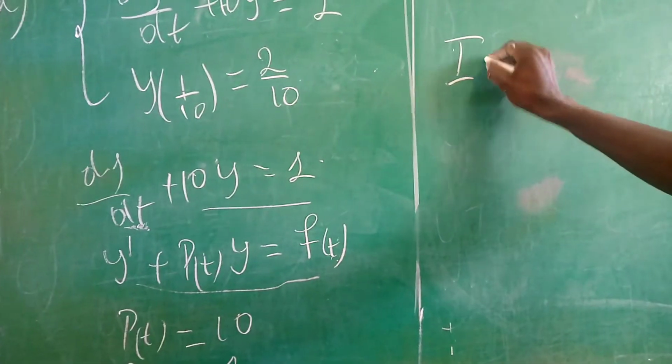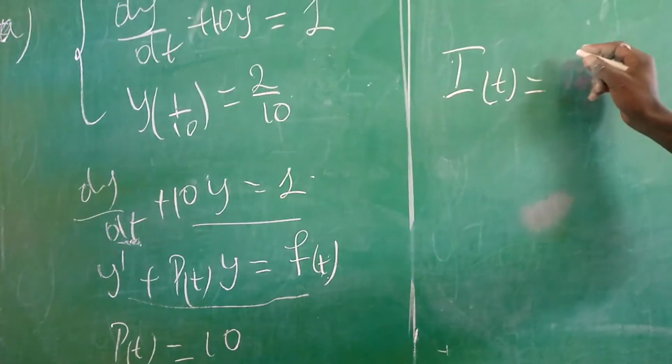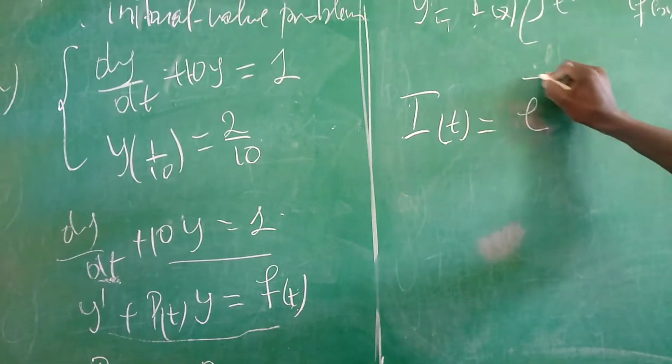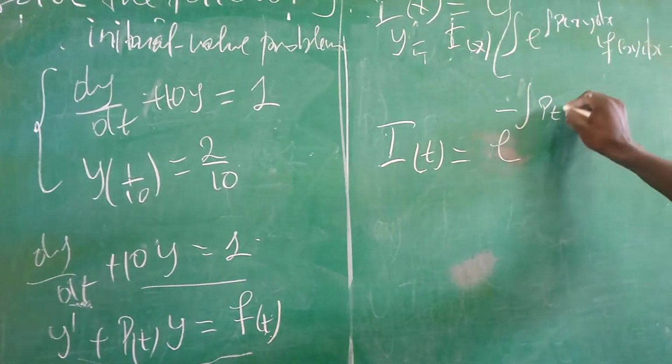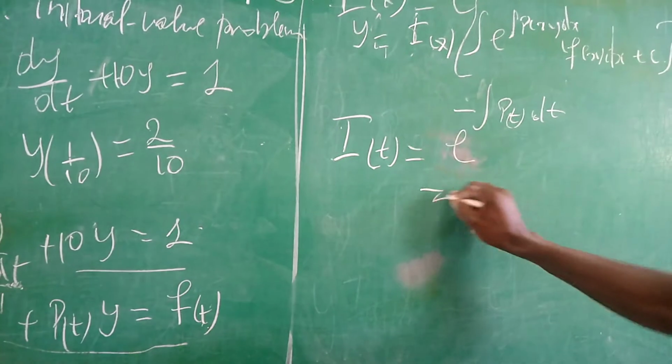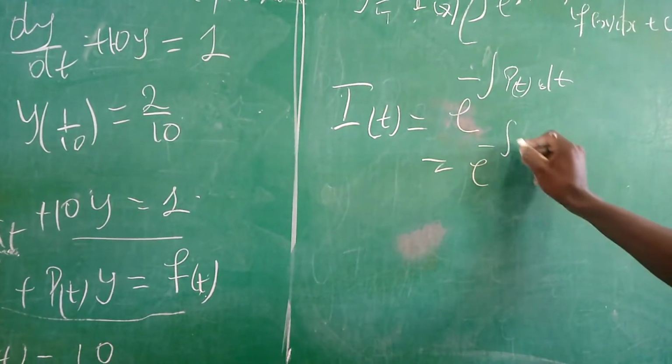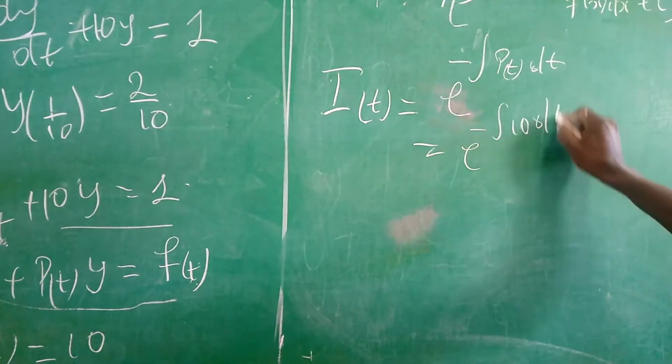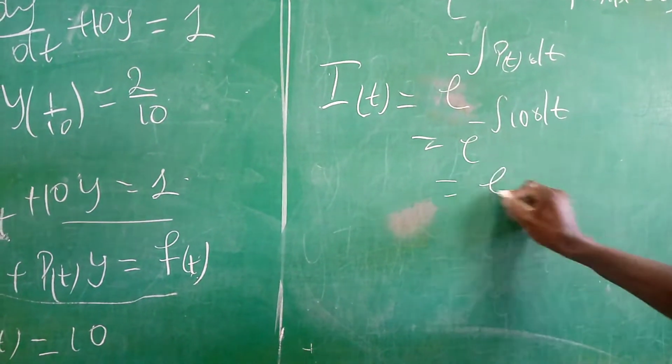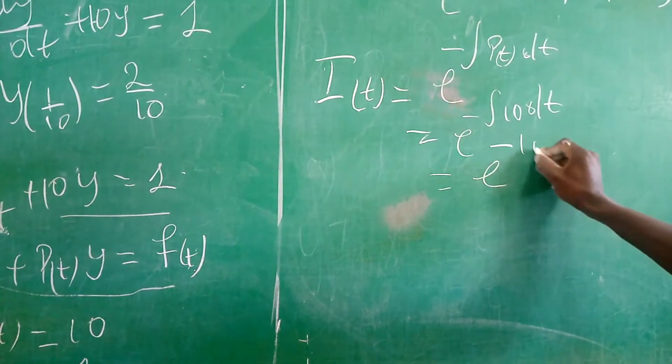We can use the integrating factor, as we know that it is equal to e power integral of p(t) dt, and then it's equal to e power integral of 10 dt, and then it will be equal to 10t.